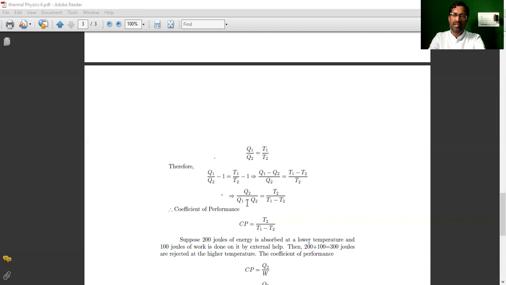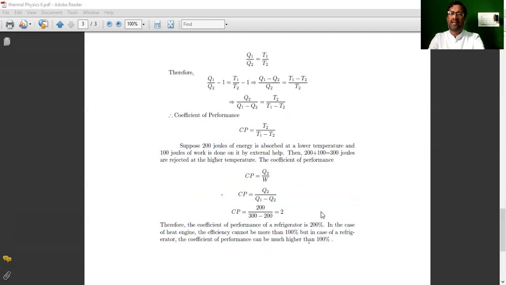So that can be written as Q2 by Q1 minus Q2 is equal to T2 by T1 minus T2. So the expression for coefficient of performance is written in terms of temperatures of source and sink. Now we have seen coefficient of performance is equal to T2 by T1 minus T2.